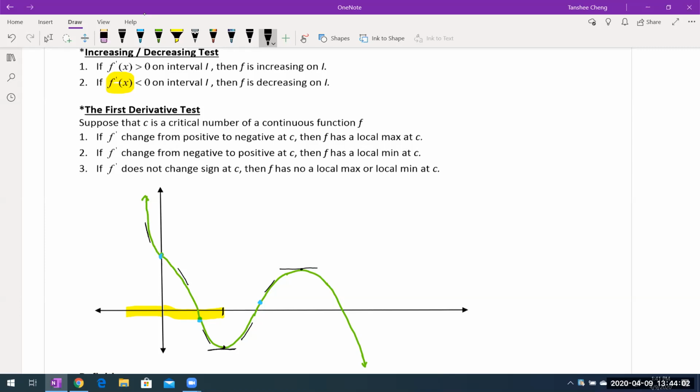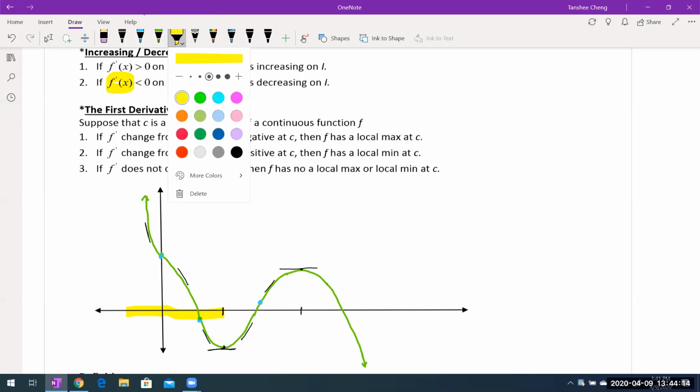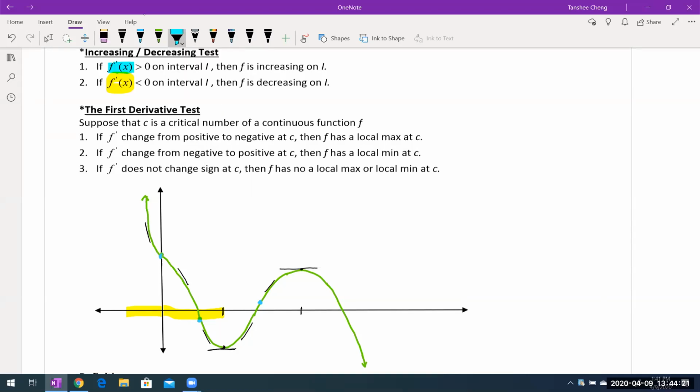But from this interval all the way up to here, the slope of the tangent lines is positive, so the function is increasing.